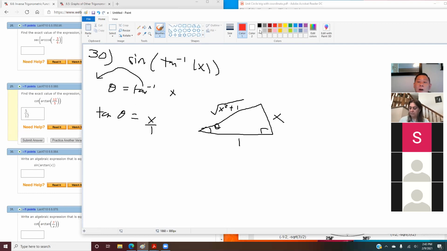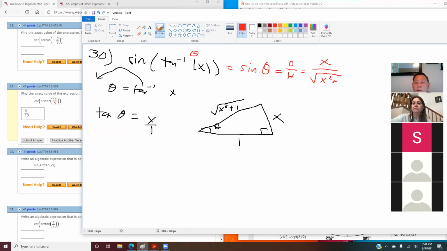So what happens now is, because this is theta, you will get sine theta. Does anyone remember sine theta? SOHCAHTOA: opposite over hypotenuse. Which one is opposite if you look at this triangle? Opposite in this case is x, and hypotenuse is the square root of x squared plus 1.